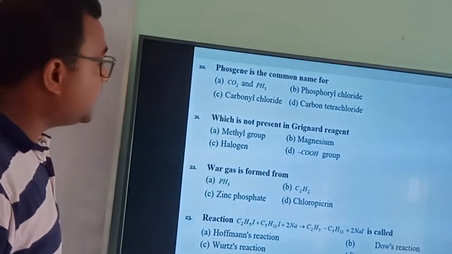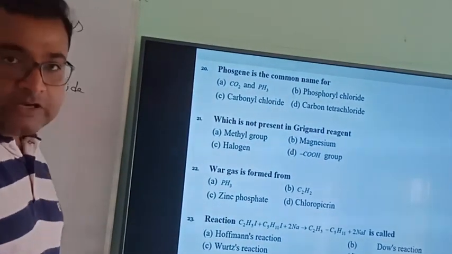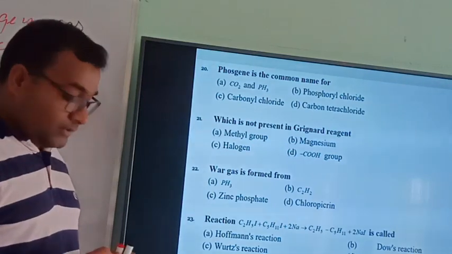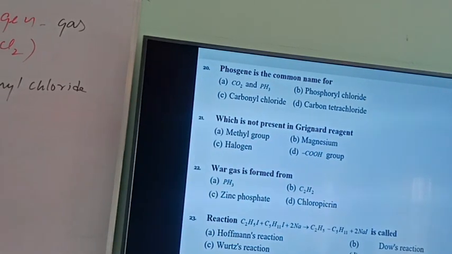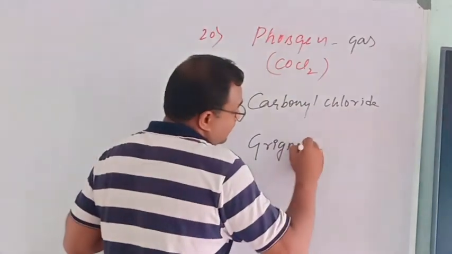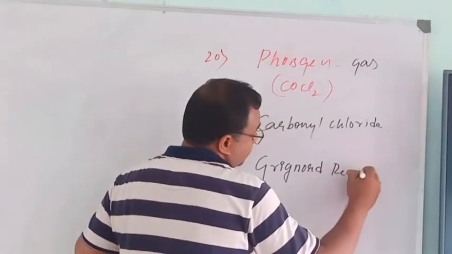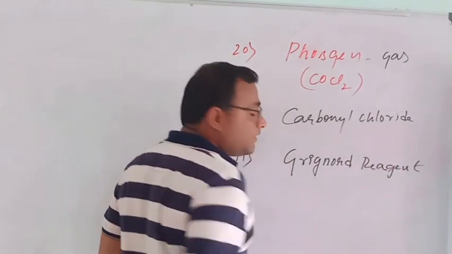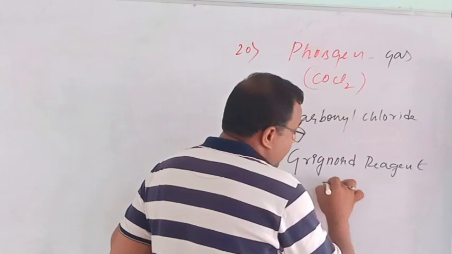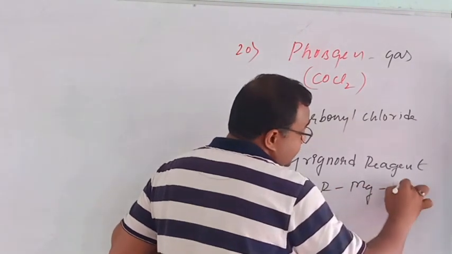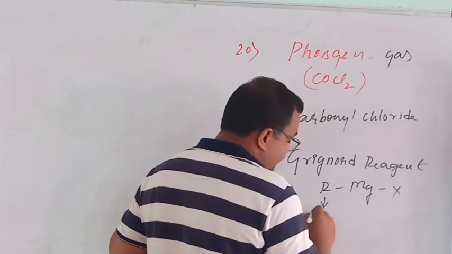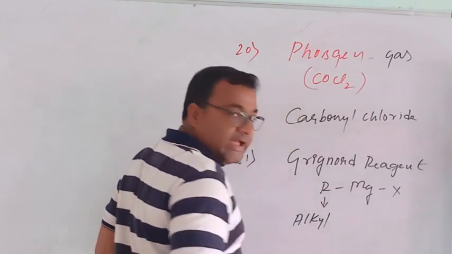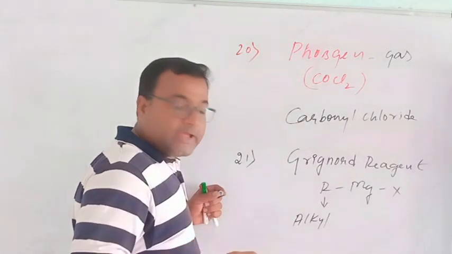Which is not present in Grignard reagent? Let's first of all write down the formula of Grignard reagent. Grignard reagent is RMgX. R is an alkyl group like methyl, ethyl, propyl, butyl.